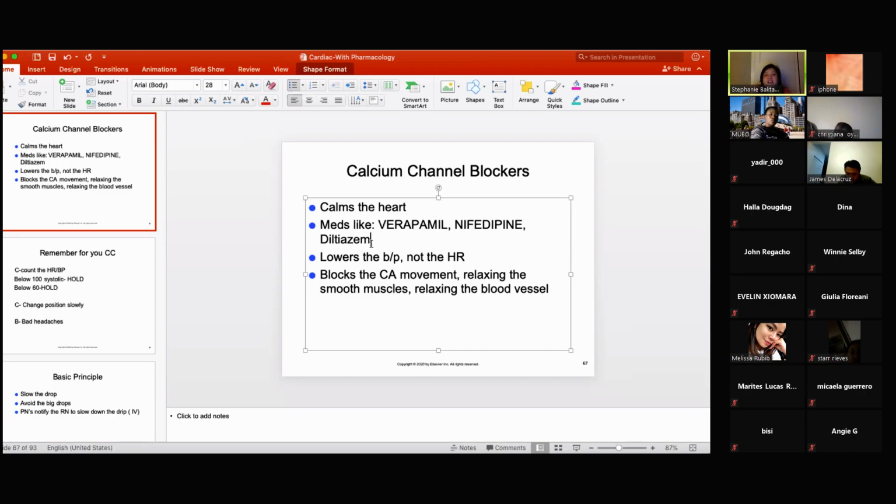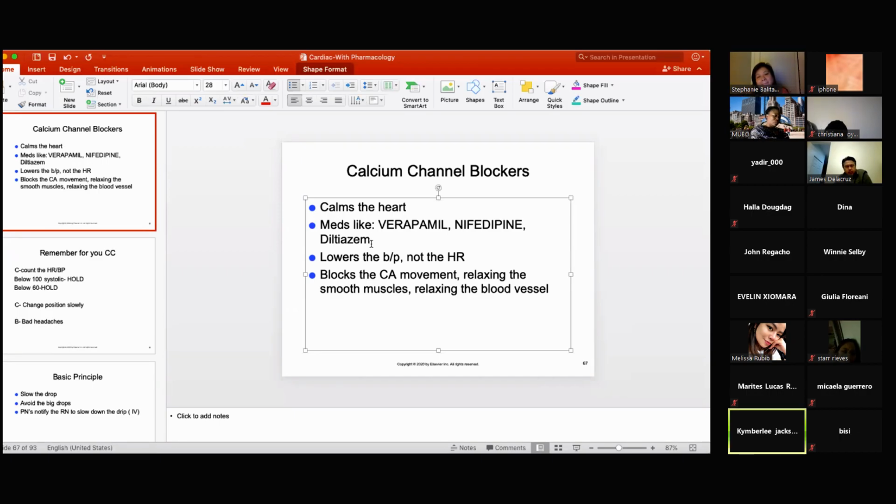So if your patient is on diltiazem and the heart rate is 60, are you going to give the medication or not? Is it because it's below 70?